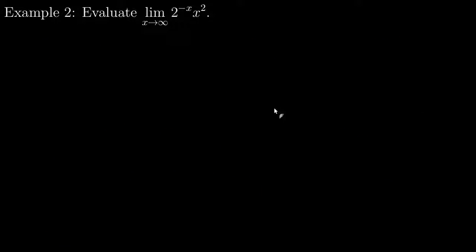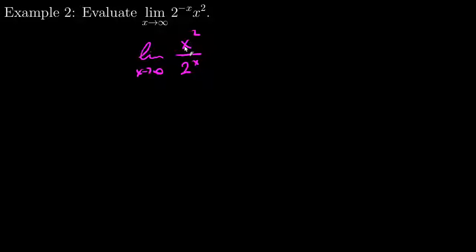So let's see this in action. First thing, I don't like this negative exponent. It doesn't look like the other problems, but when I rewrite the negative exponent, I get the limit as x approaches infinity of x squared divided by 2 to the x.